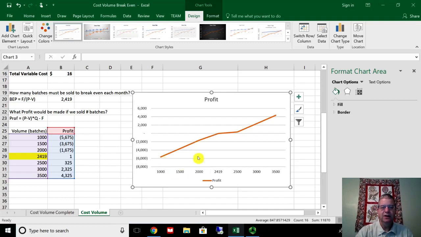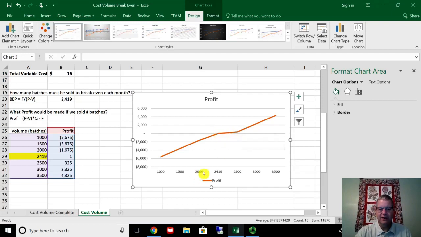And then we see our numbers start going up linearly. So as I produce 1,500 batches, I lose about $3,500. And somewhere right here around 2419, we cross the zero line. So there's our break-even point. It's whenever we go from losing money each month to making money each month. And we can see that that's right there around that 2419.